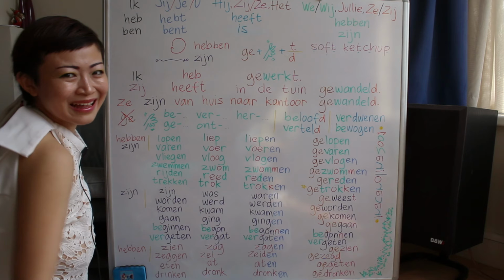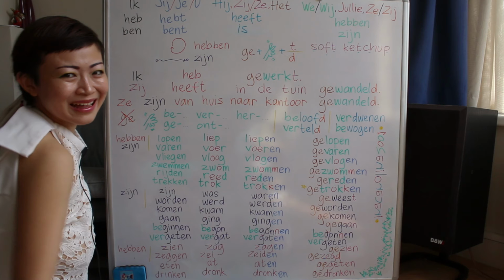So for this one, I will just put a star because there's different meaning. If you use hebben, it means pulled. But if you use getrokken with zijn, it means traveled.